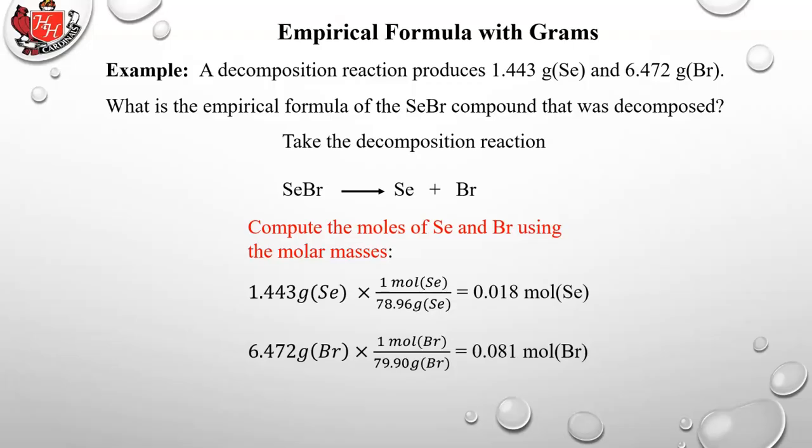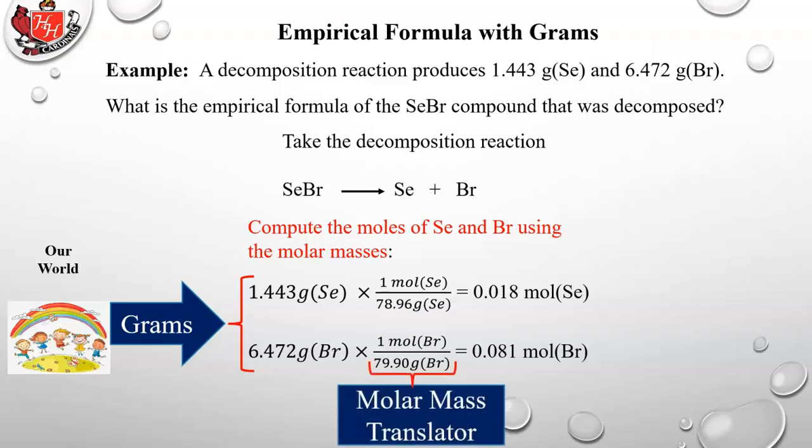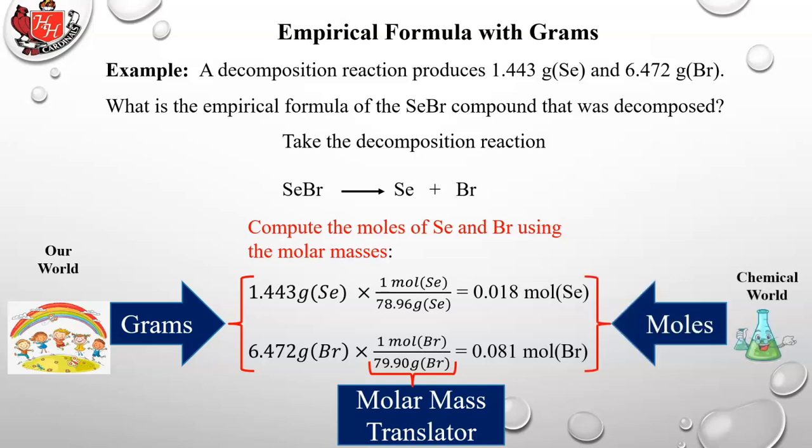Do the conversion. Grams of bromine cancels with grams of bromine, and you end up with 0.081 moles of bromine. So grams is what we measure in the lab. We use the molar mass translator to make the conversion, and we end up with number of moles. That's what the chemical equations or chemical formulas understand. They're counting numbers of particles.